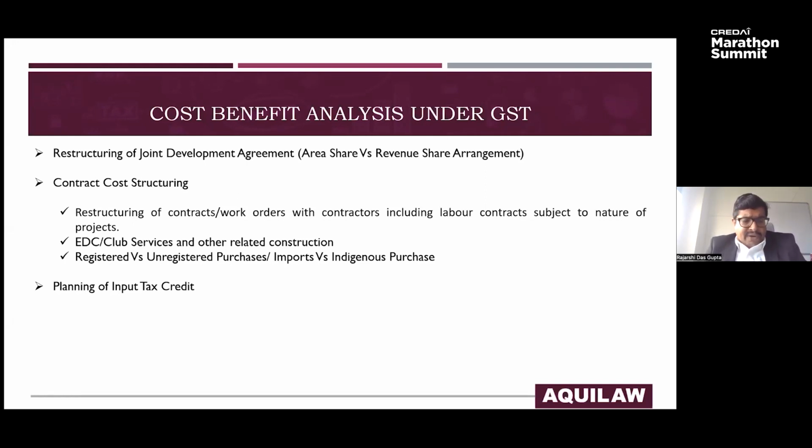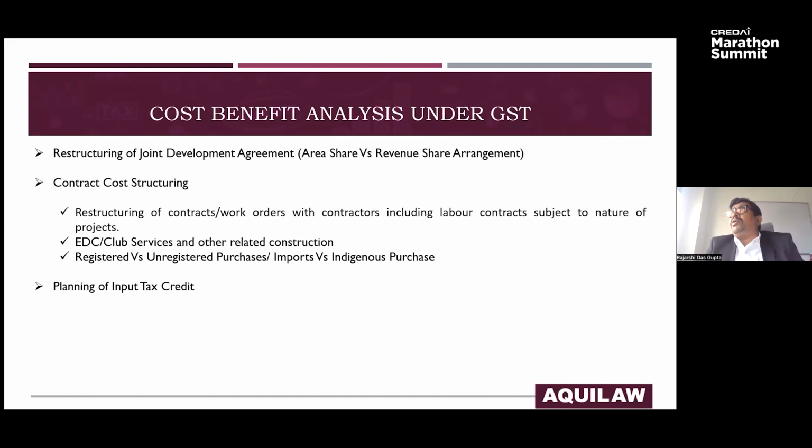Now, if I talk strictly from the perspective of a developer, in an area share, a developer gains. There are various permutations and combinations. It depends what the area ratio is, what the cost of the land is, how much the development cost is.